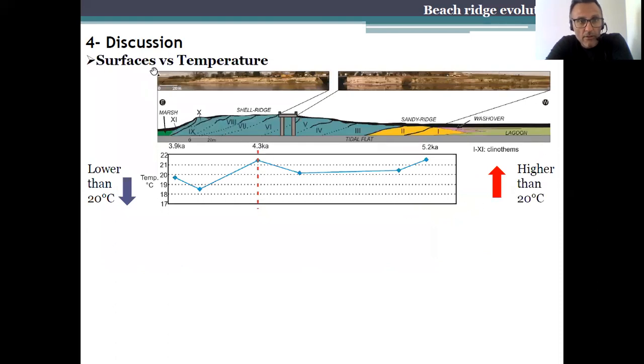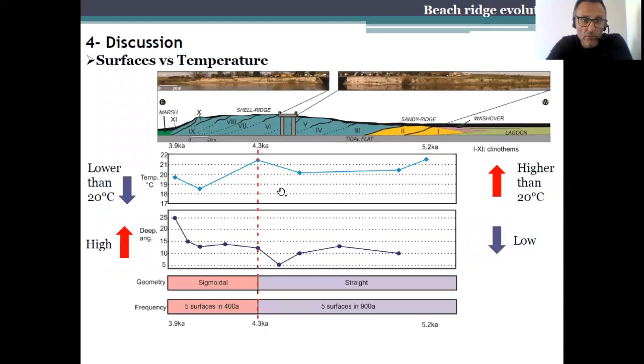So finally, the surfaces versus temperature. If we compare what happened with these changes in temperature, we have two different groups: temperatures above 20 degrees Celsius and below 20 degrees Celsius. And the surfaces of the clinoforms are really different in the two groups, with changes in the dipping angle, the geometry, and the frequency of the surfaces.